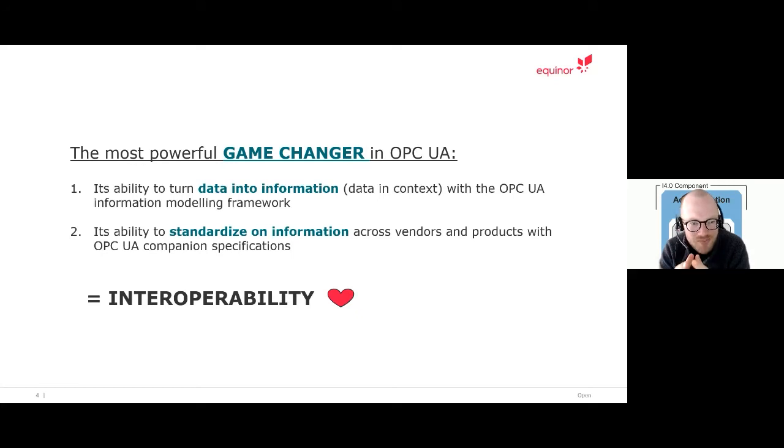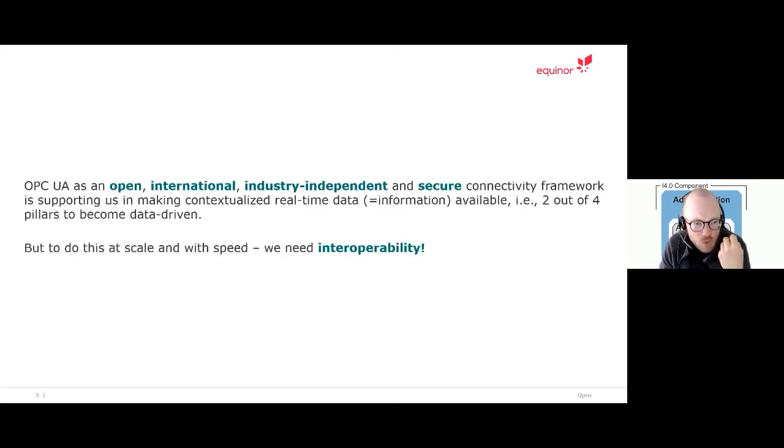That is simply what OPC UA is about. It's not about moving some bits from A to B anymore. It's about achieving interoperability to ensure that humans and software can understand the data and use the data.